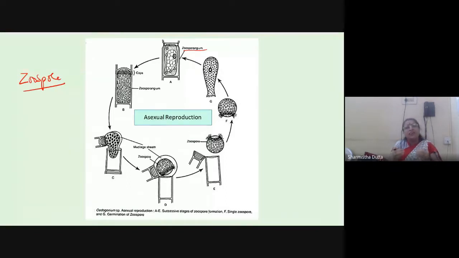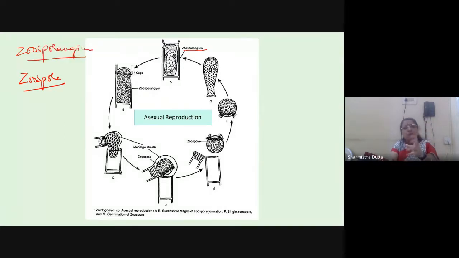So, see the interesting feature of these forms, even though they are so minute, so simple forms, in the molecular level, everything is governed. Everything is decided at the molecular level itself. So, the cell will now get itself differentiated into zoosporangium. So the cell will be called as zoosporangium.